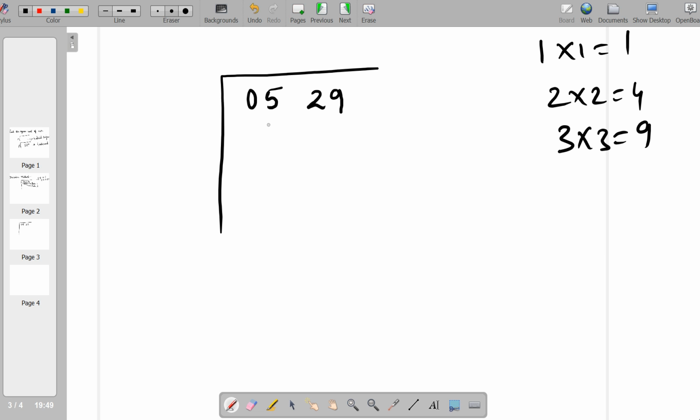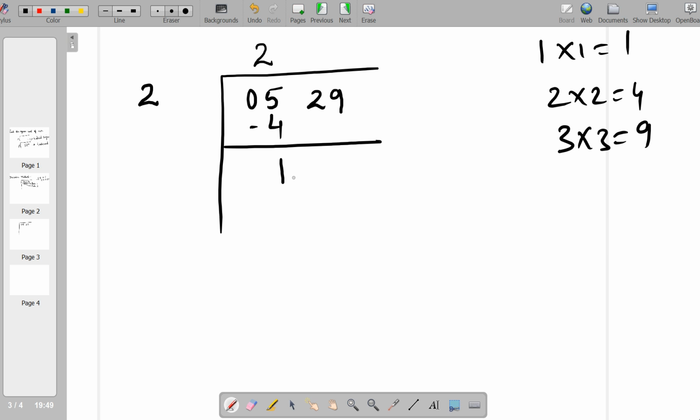So 9 is greater than 5, this won't work. So we'll start with 2. I'm writing 2 here and 2 at the quotient place. 2 2s are 4. We subtract it and the difference we get is 1.